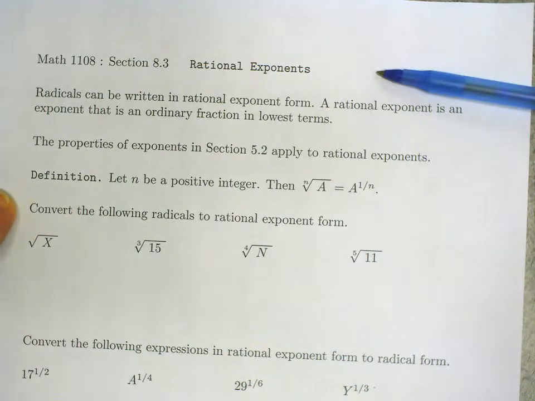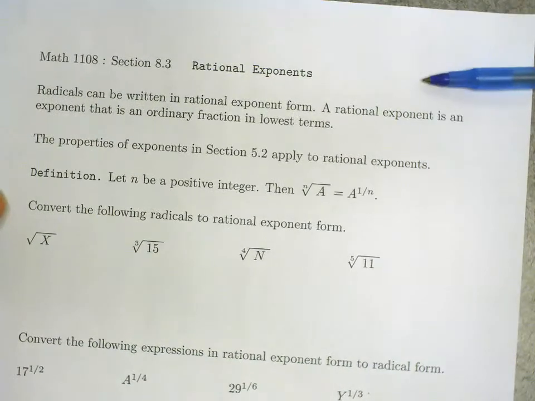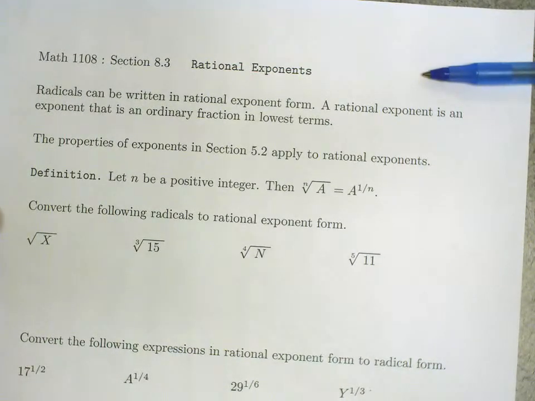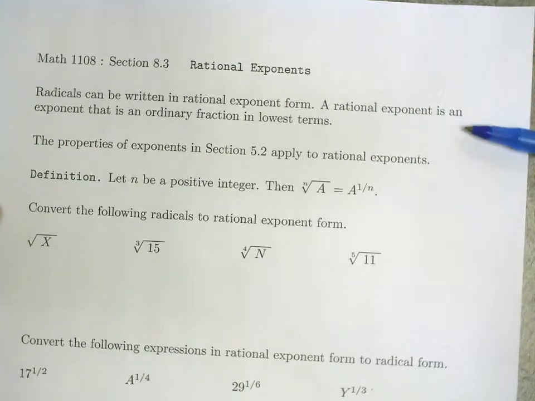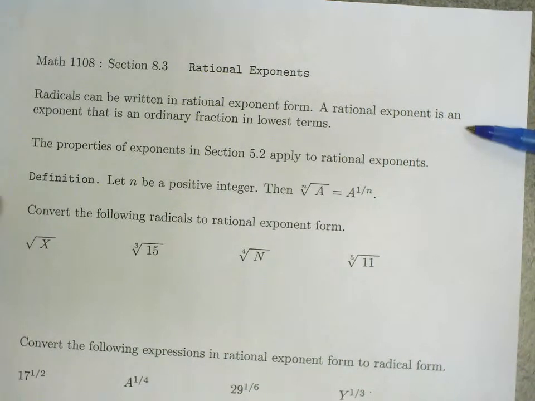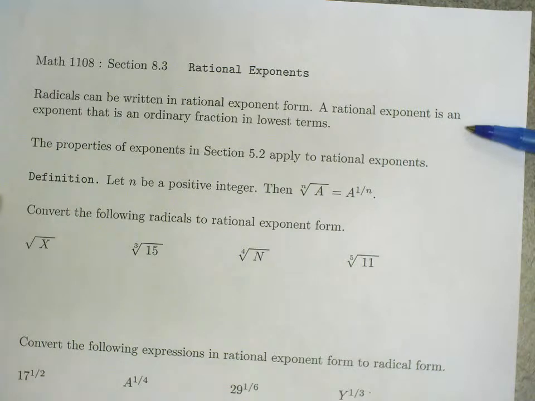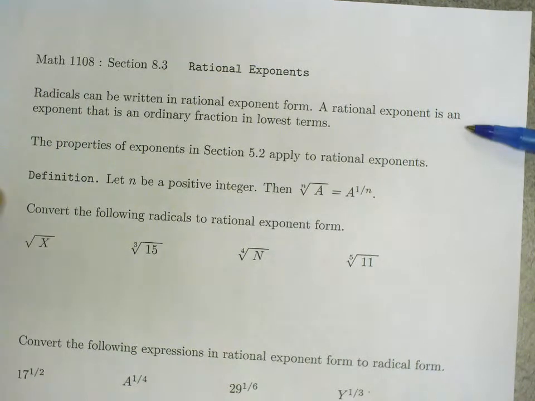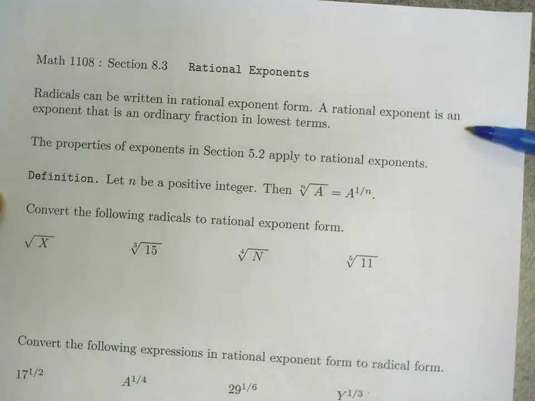Okay, in section 8.3, we learn about rational exponents. In this sentence it says radicals can be written in rational exponent form. A rational exponent is an exponent that is an ordinary fraction in lowest terms.